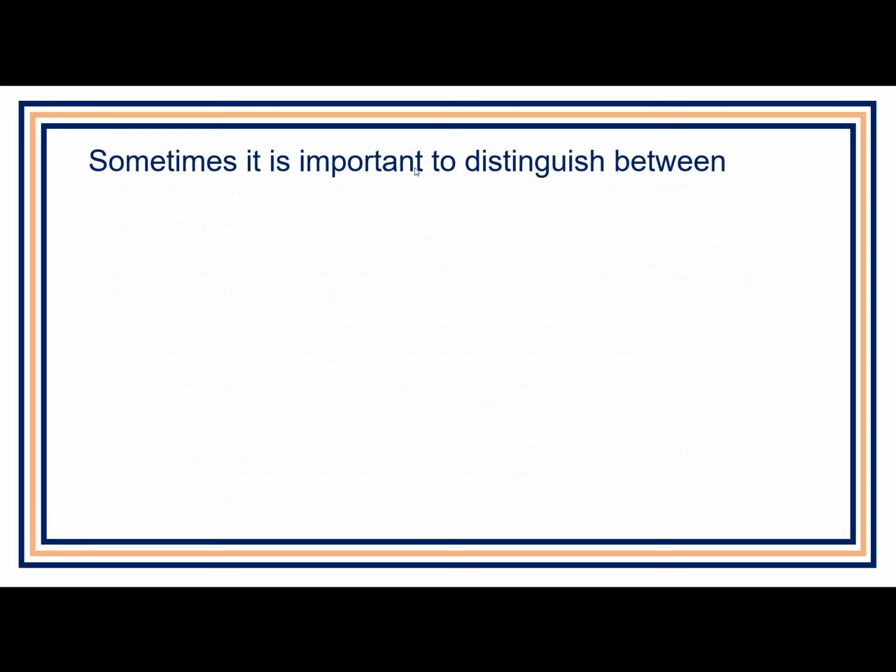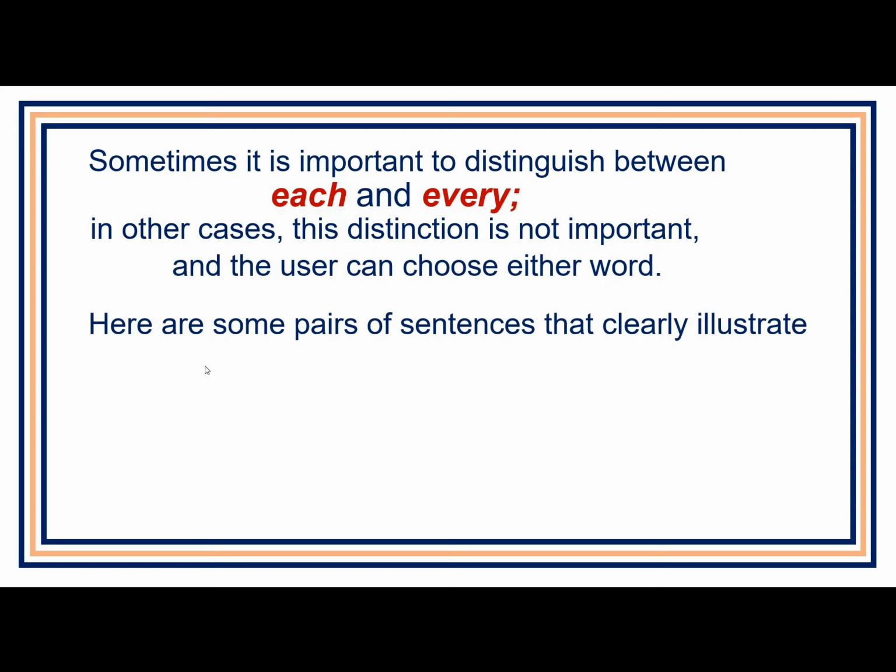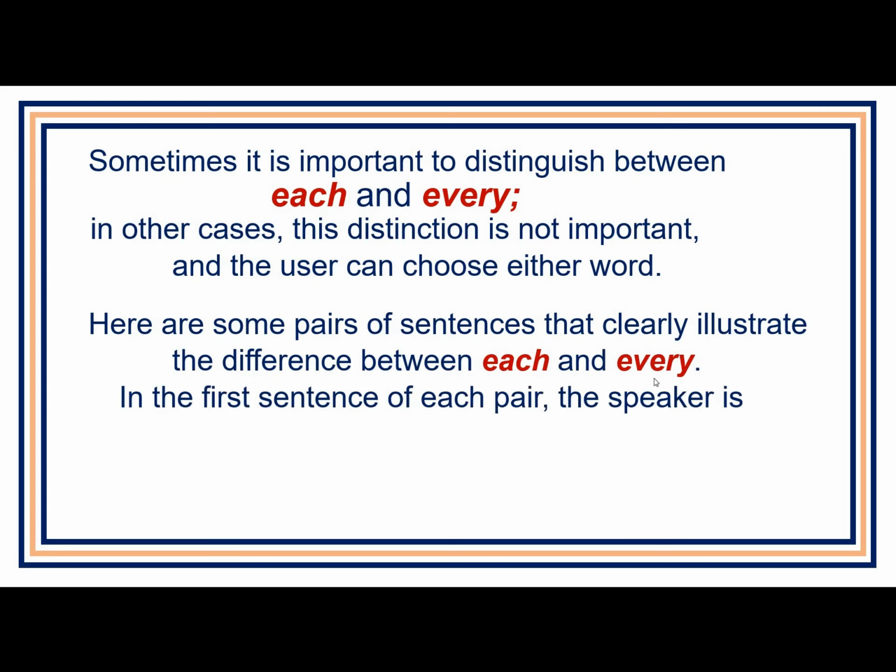Sometimes it is important to distinguish between each and every. In other cases, this distinction is not important, and the user can choose either word. Here are some pairs of sentences that clearly illustrate the difference between each and every.